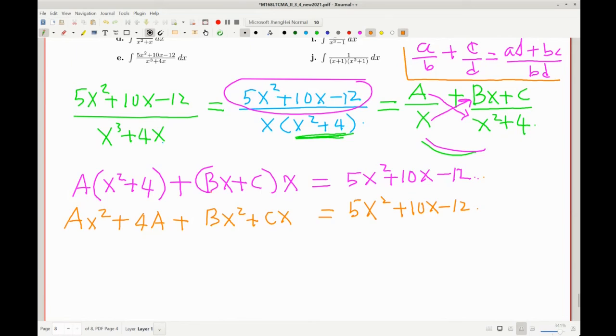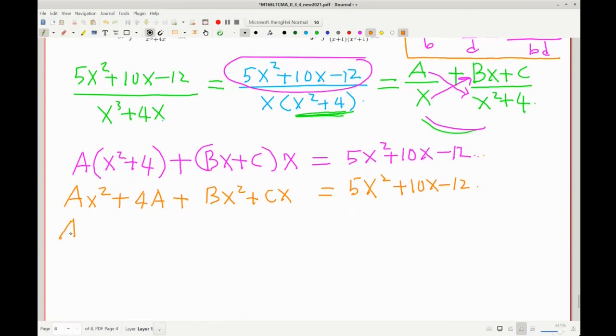So I want to combine the left-hand side to have A plus B x squared plus Cx plus 4A. See? And then on the right-hand side, I have 5x squared plus 10x minus 12.